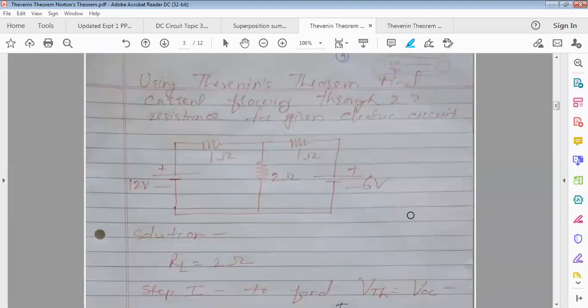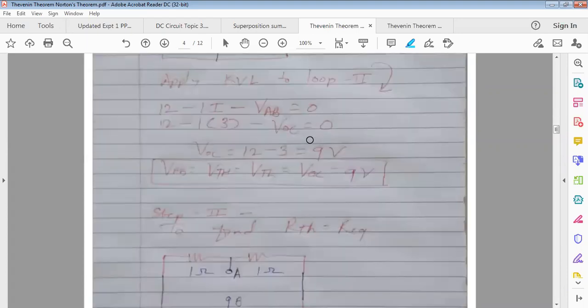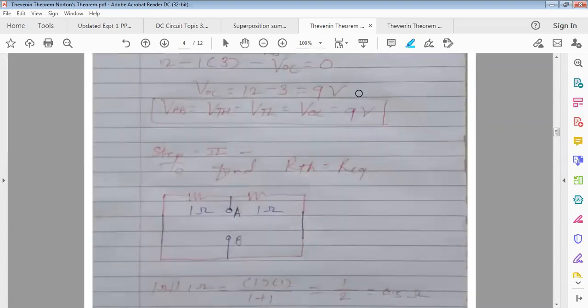Now see, for the INSEM and ENDSEM exam, you will not only be asked to calculate the current. Along with current, in the options given, as I just told you, suppose option A gives VTH and IL, option B, VTH and IL, C also, D also, and you tick the correct option.